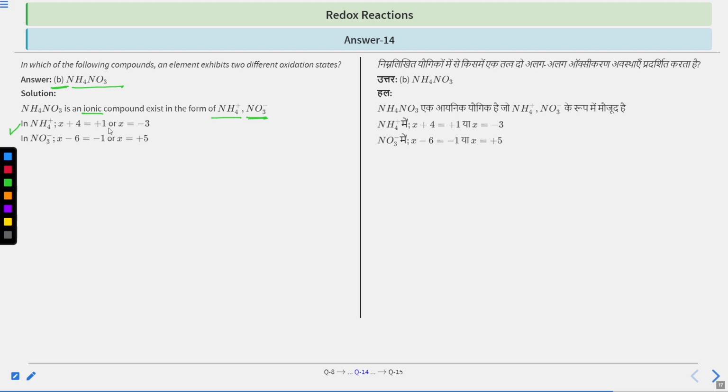So when we solve it, X is equal to minus 3. Similarly, in NO3 minus, X minus 6, because O has minus 2, and minus 2 times 3 is minus 6, is equal to minus 1, because the overall charge on this ion is minus 1. Now solving, X is equal to plus 5.